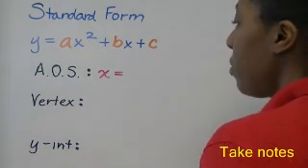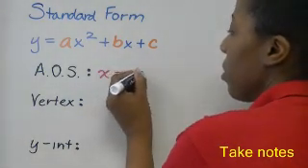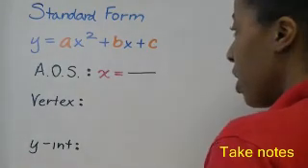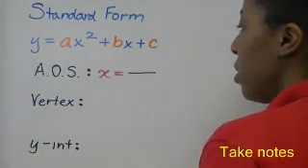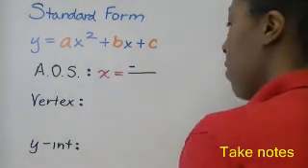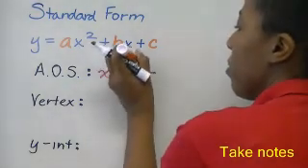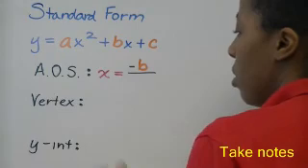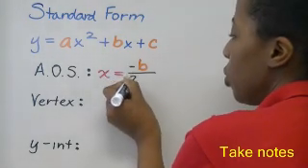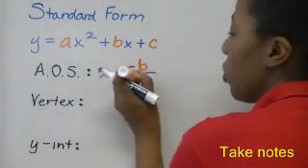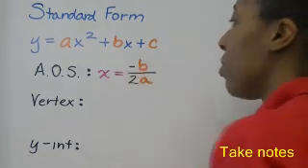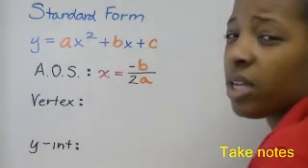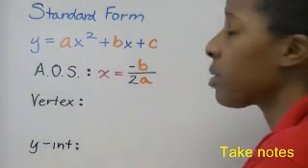However, the formula that goes with it is negative b divided by 2 times your a value. Sounds complicated, but it won't after we work some problems.